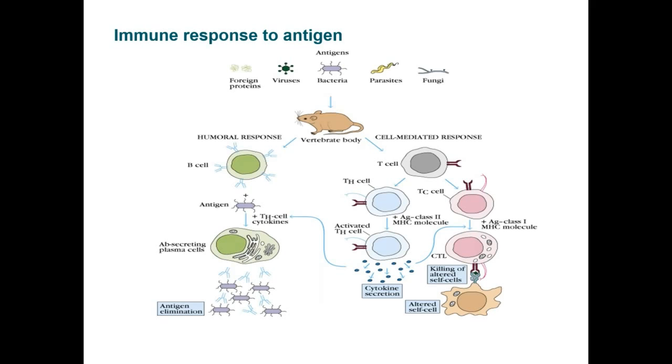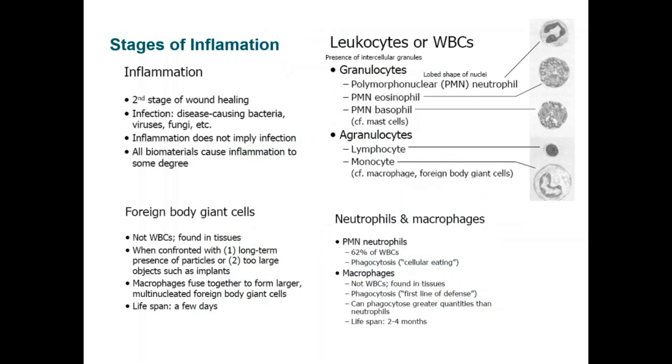Okay, and the presence of different antibodies and macrophages, as in the case of, let's say, wound healing or infection, speaks to that type of understanding. So, for example, in inflammation, there are several stages that can involve white blood cells, the generation of macrophages, and encapsulation of the foreign body.